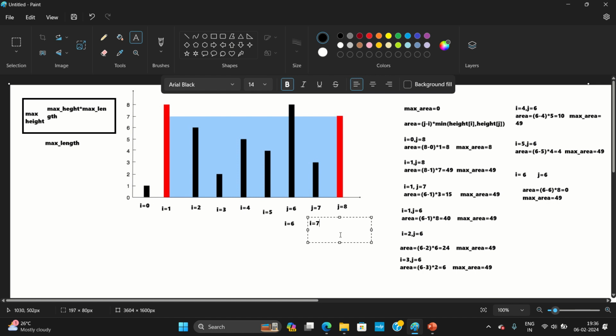Therefore, we stop here. If i crosses j at any point, we stop then and there, and we return the max area. So what is present in our max area now? Max area is containing 49. So 49 is our final answer.